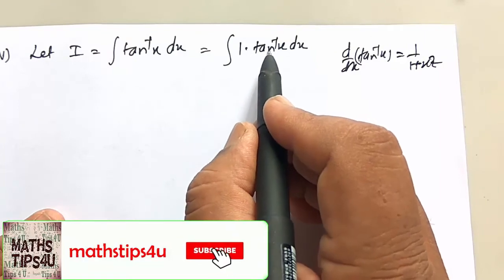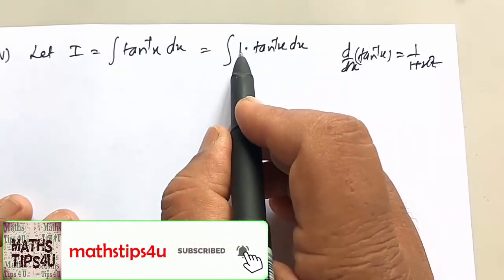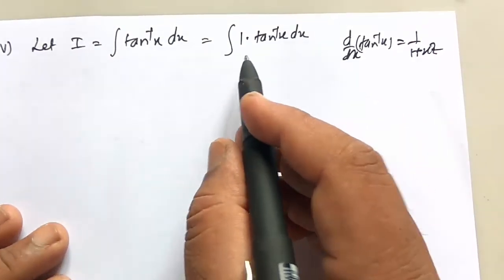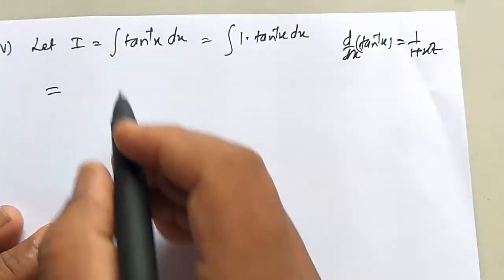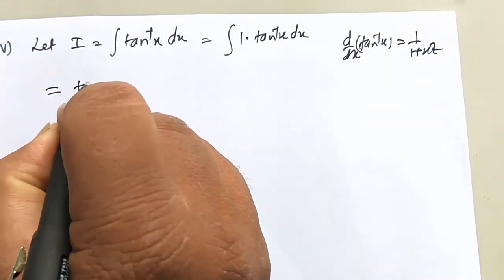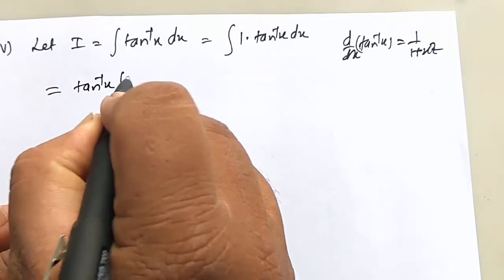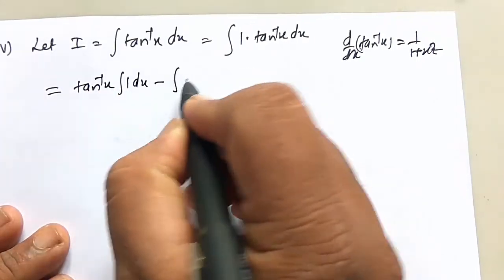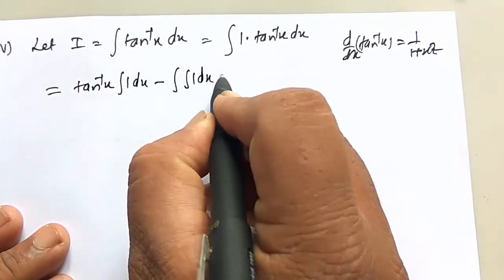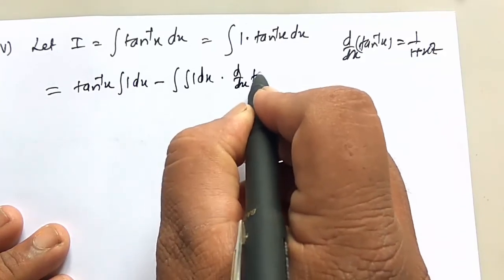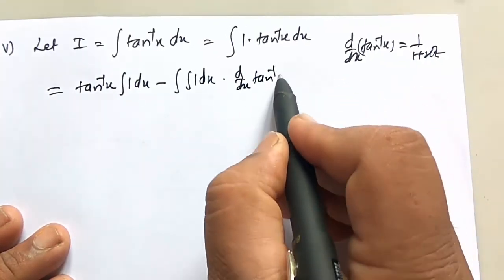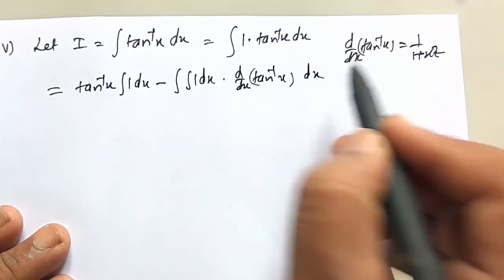So we take tan inverse x as the first function and 1 as the second function, using integration by parts. It is equal to tan inverse x integration of 1 dx minus integration of 1 dx into derivative of tan inverse x dx.